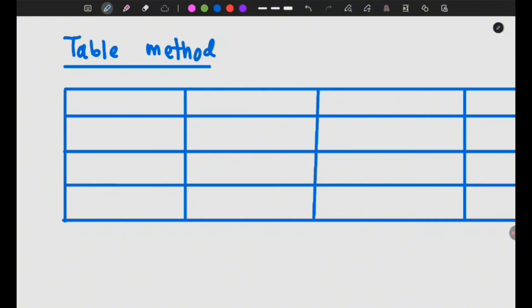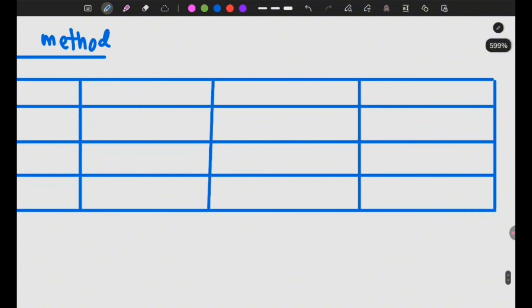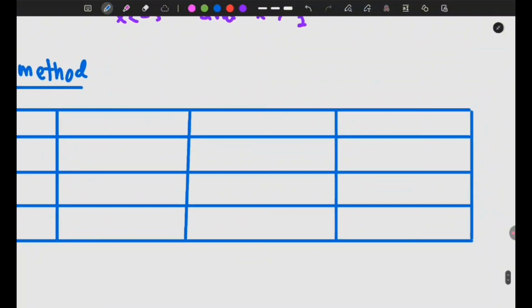So first thing, what you put inside each column. Let me explain. These three columns, you will put the ranges of x. So you only have three types of range: less, more, and in between. These three ranges only.